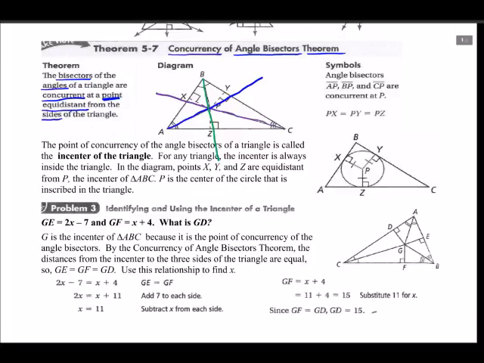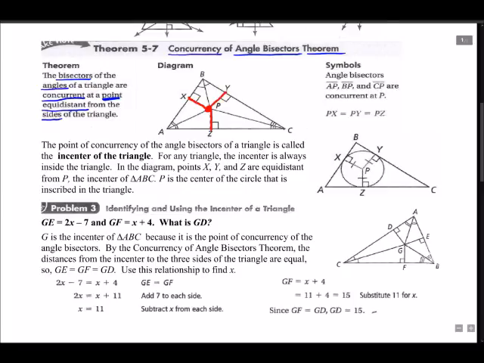What do we care about here? We care about the point of concurrency. So we know we have these angle bisectors and they all meet at this point. And this point is what we're interested in. Because what about this point interests us? This point, the point of concurrency of our angle bisectors, is equidistant from the sides.